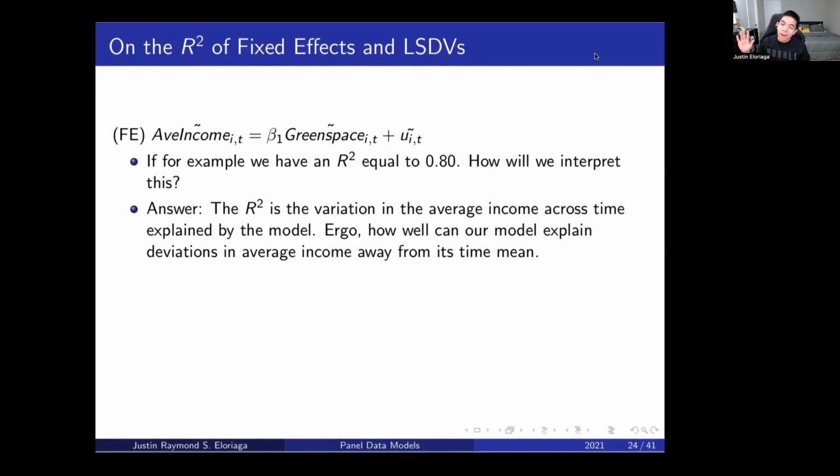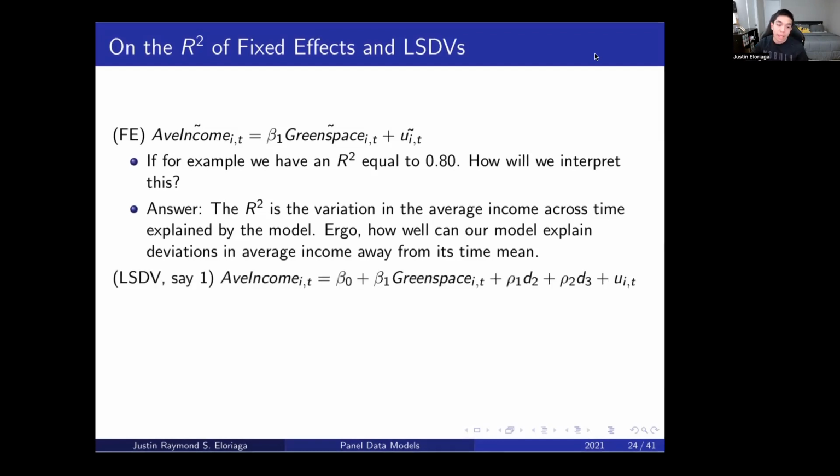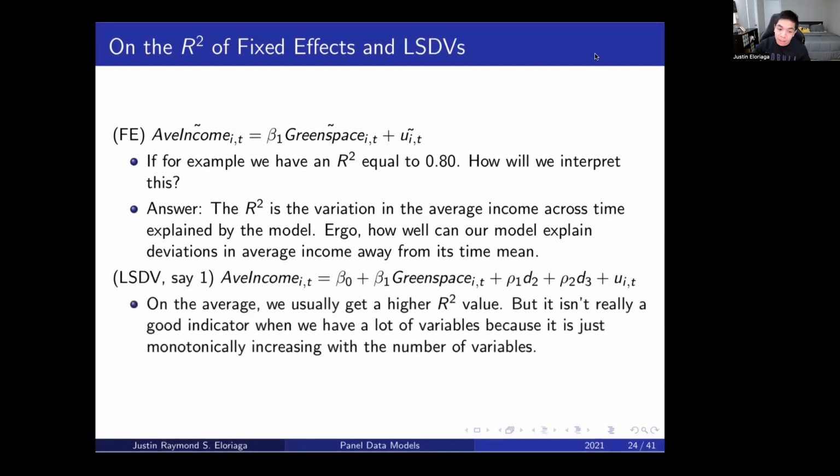Ergo, how well our model explains deviations in average income away from its time mean. I don't know about you, but that's not generally the most straightforward explanation, right? I'd like to be able to interpret R squared as a pure goodness of fit measure, something that I'm used to, right?